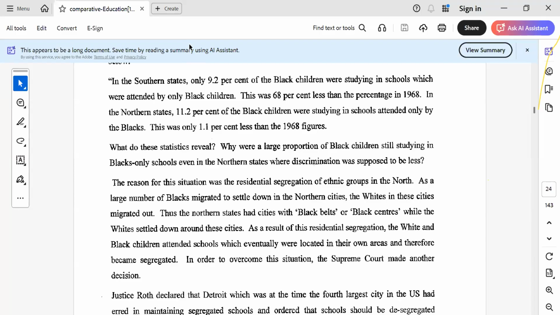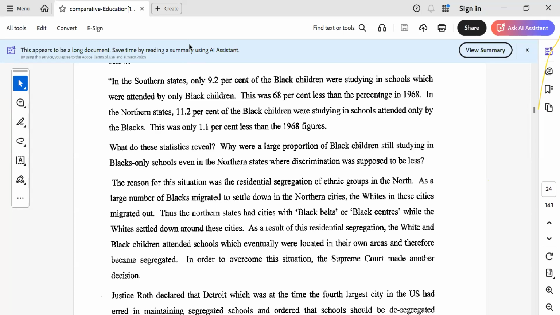So actually what happened? To live peacefully, the blacks migrated to the northern side, because on the southern side they had a lot of discrimination. They thought the northern states would have less discrimination, and they moved to that side.